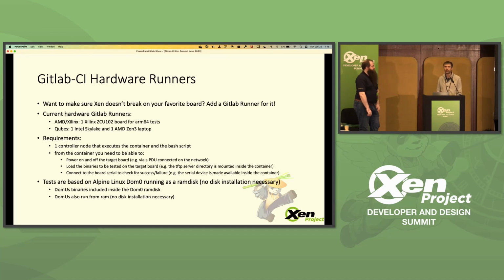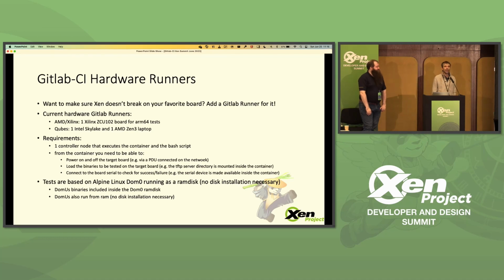I think Cubes is using a Raspberry Pi as controller. Whatever can run a container is good enough as a controller. You need the serial connection, the PDU or whatever mechanism you want to power cycle, and the TFTP server typically to get the binary loaded, and that's pretty much it.